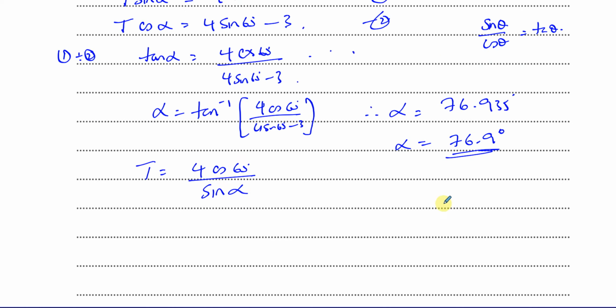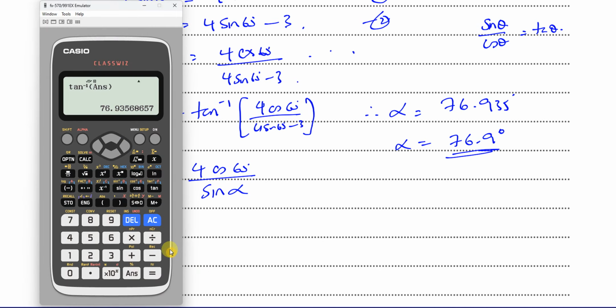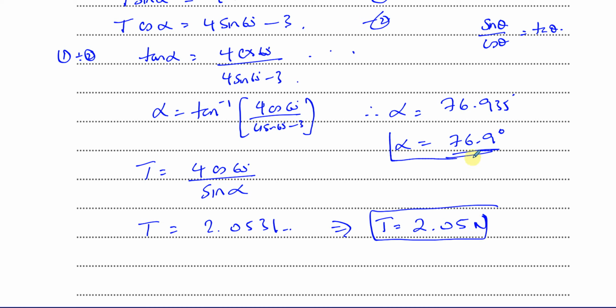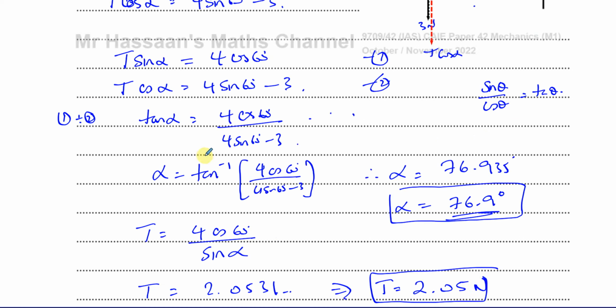I know alpha, so I can put this in my calculator: 4 cosine 60 divided by the sine of the last answer, and that should give me 2.05331. So the tension is going to be 2.05 newtons to 3 significant figures. So there we have our answers to this question.